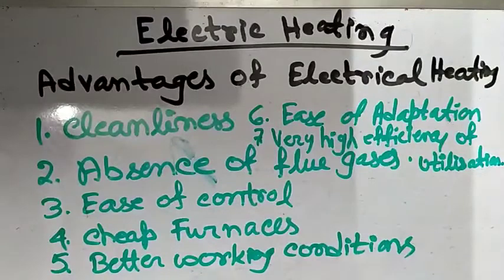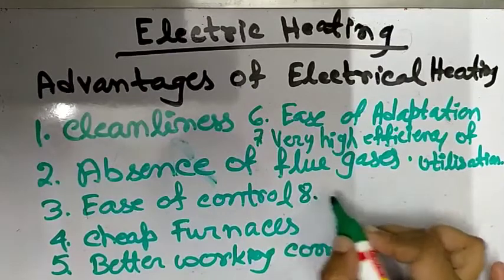In electrical heating, the source of heat can be brought directly to the point where heat is required, thereby reducing losses and increasing efficiency. Further, there are no products of combustion which involve heat losses in their removal from the combustion chamber.